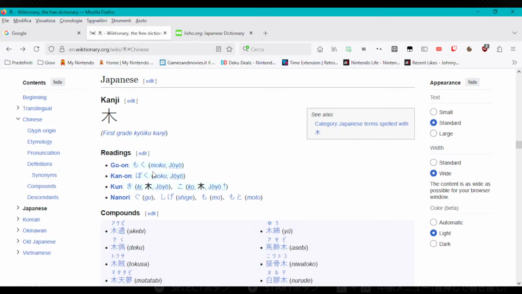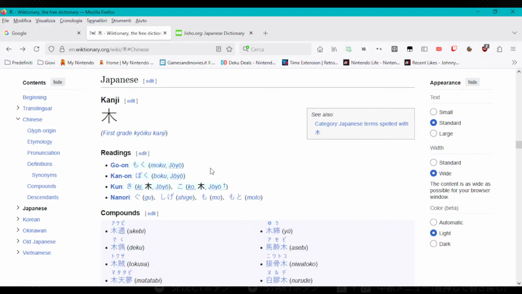We can divide these readings in two other major categories. Gon and Kanon are both onyomi, that is literally sound readings, because they're the ones taken from Chinese.